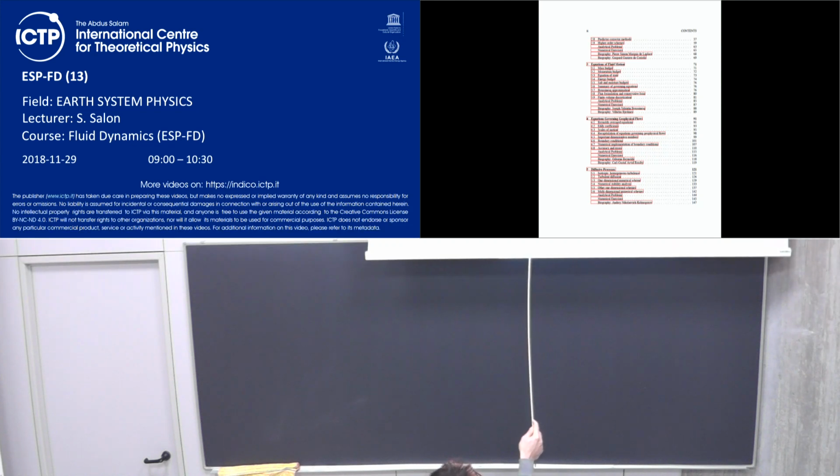Here, what is important are the scales of motion, the recapitulation of the equations, and the dimensionless numbers. This chapter here we didn't treat, but as well, if you like, you can read it, because it's a very light lecture. It's not as deep as other books of geophysical fluid dynamics.